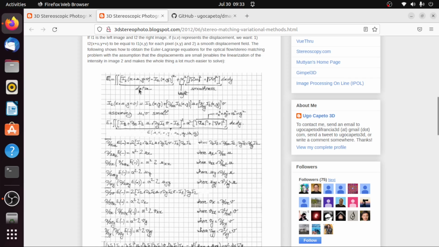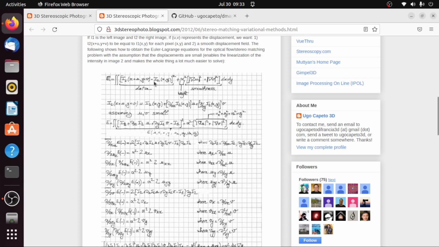So this is called the data term. For matching, you want the intensity to be the same on both images. Basically, when you do stereo matching, you want to figure out, when you look at the pixel on the left image, where is it on the right image?